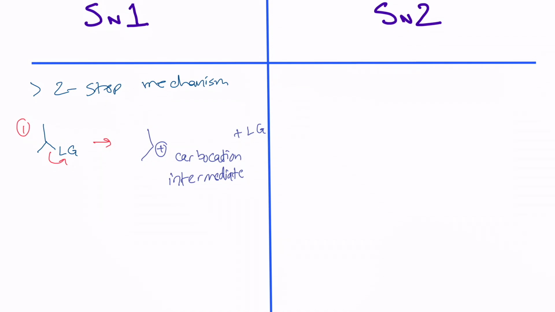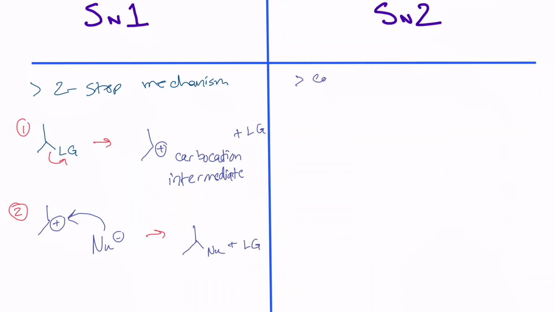So the first step in an SN1 is the formation of your carbocation. In the second step, a nucleophile will come and attack the carbocation, giving you your end product, plus your leaving group.